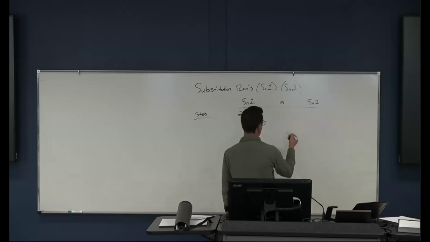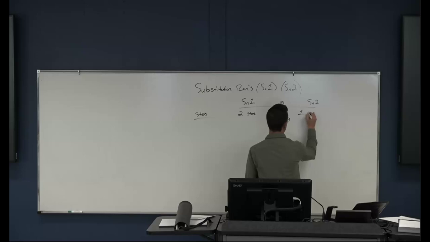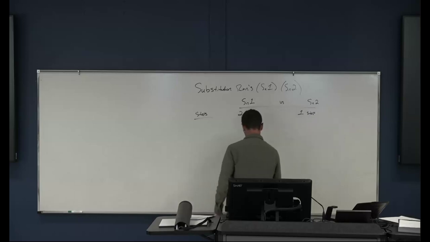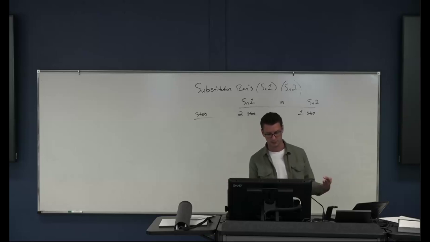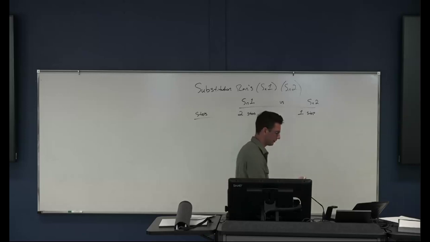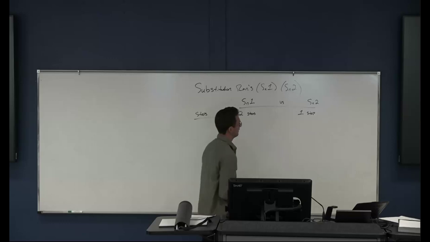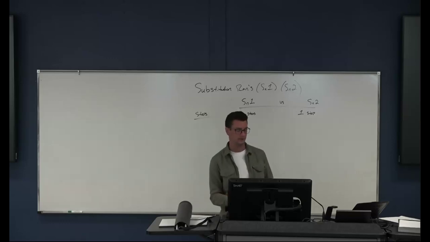Contrary to Sn2, that occurs in one step. The thing that leaves and the thing that comes in and takes its place all happen at the same time. So you have an intermediate with Sn1, but you do not have that with Sn2.